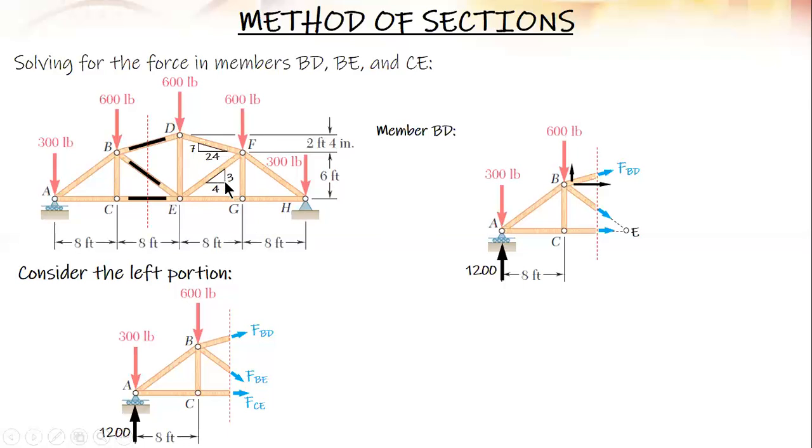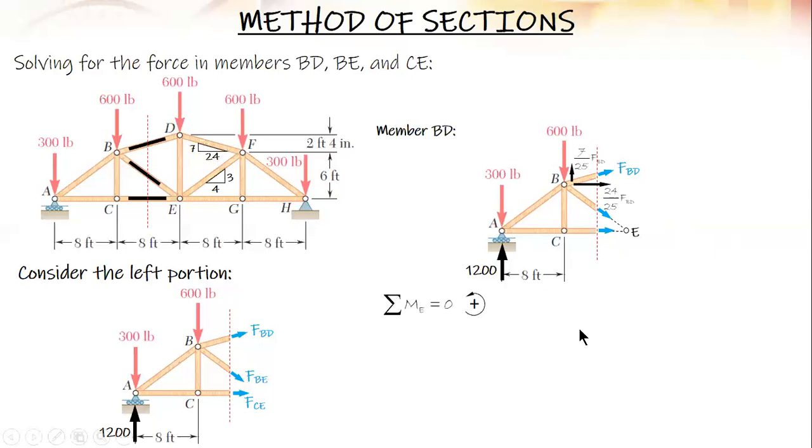So this component of the force is FBD times 24 over 25, while this one is FBD times 7 over 25.